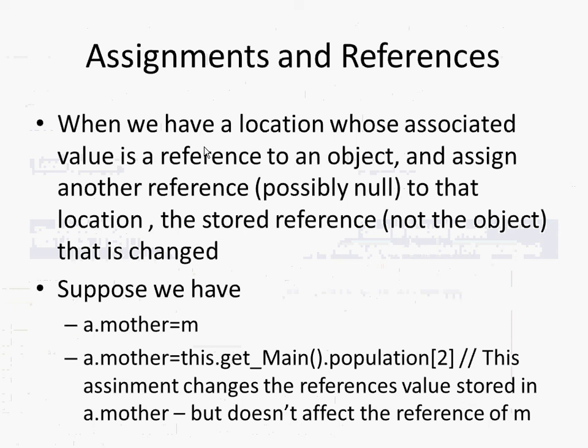Alternatively, I could say right after that, a.mother equals a certain person in the population. And that doesn't affect what M refers to. It affects who A thinks their mother is. It doesn't change the one referred to by M. So here's M. M originally referred to this certain person in the population.